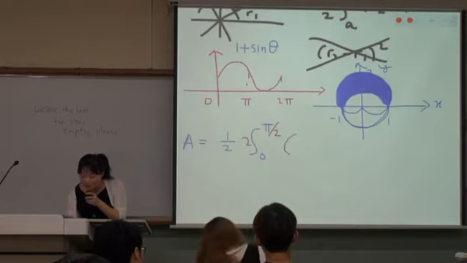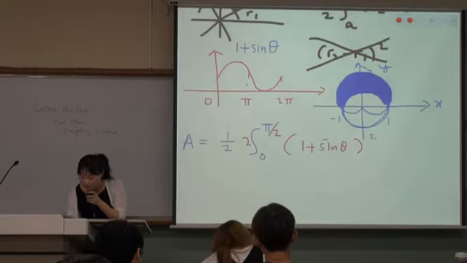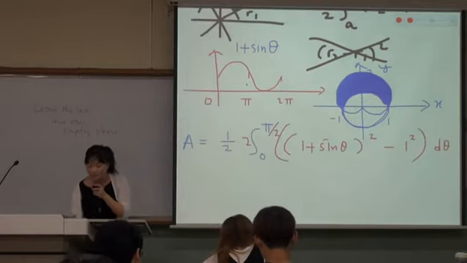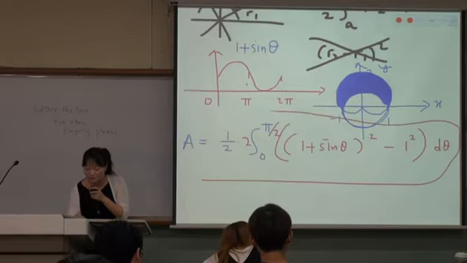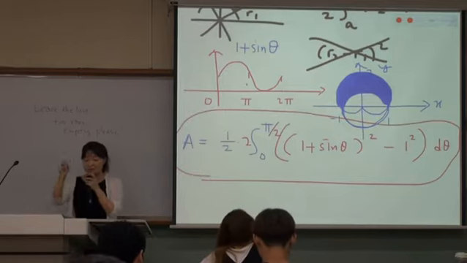What's the outer radius? 1 plus sine theta squared. What's the inner radius? 1 squared, and then we get d theta. You can do this, right? So let me skip the calculation.